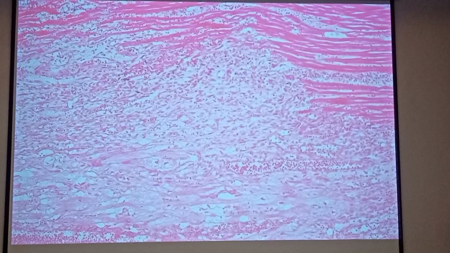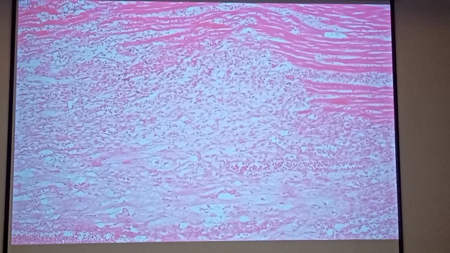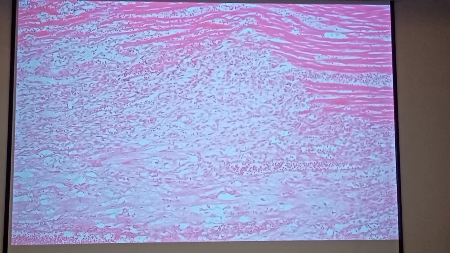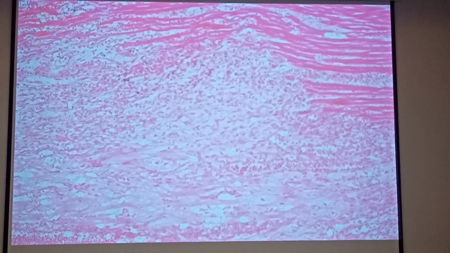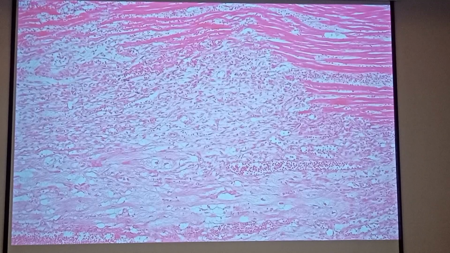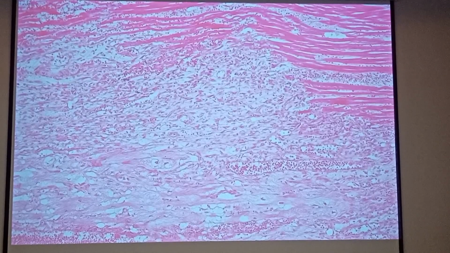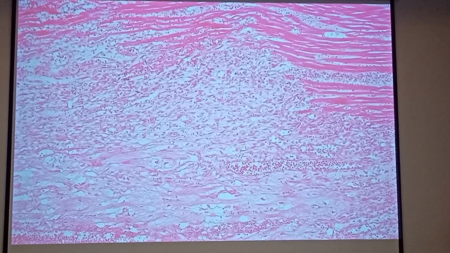Okay? So granulation tissue, there's so much I would like to ask about granulation tissue. And essentially, it shows here the vascular channels, the fibroblastic cells, the edema fluid. That's all you can see in a granulation tissue.